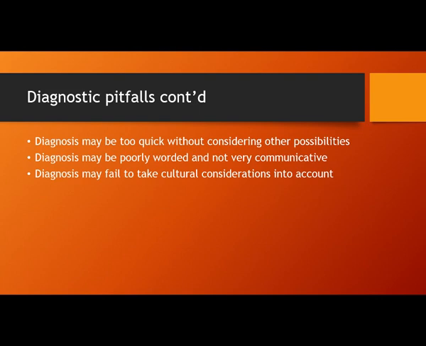Diagnosis can be poorly worded or not very communicative. So it could be the right diagnosis, but it's poorly worded. And diagnoses may also fail to take cultural considerations into account.